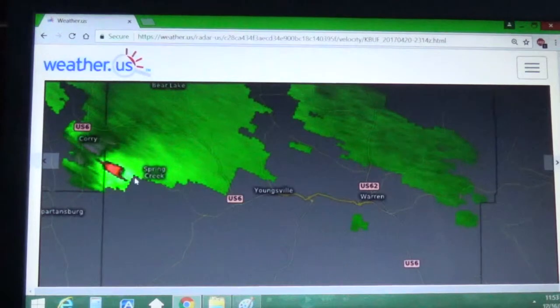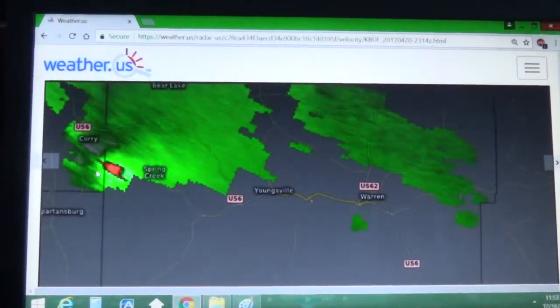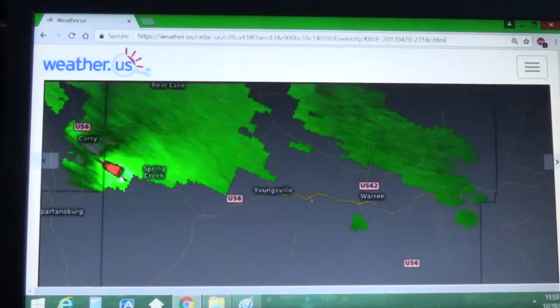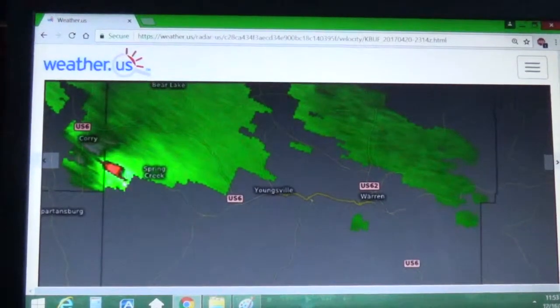Some meteorologists think that it would be good to issue a tornado warning, possibly with that, because the shear, the gate is, I don't know, it could be 100 miles an hour here, between really bright colors, the bright reds and the whitish greens.